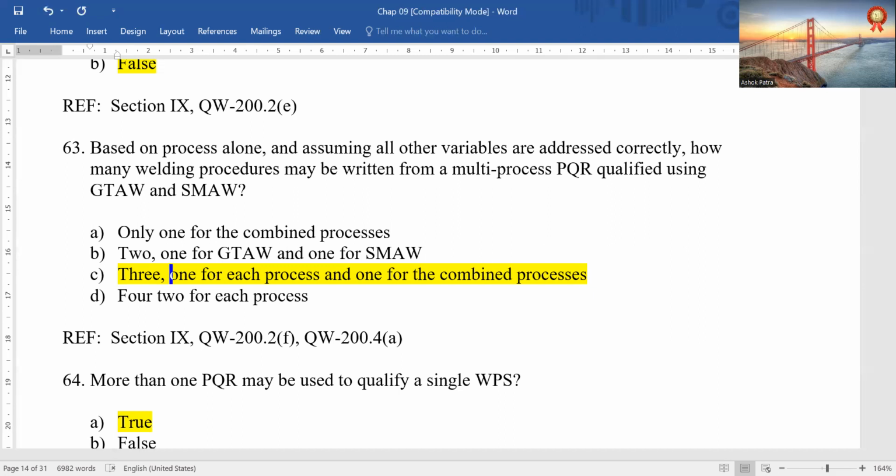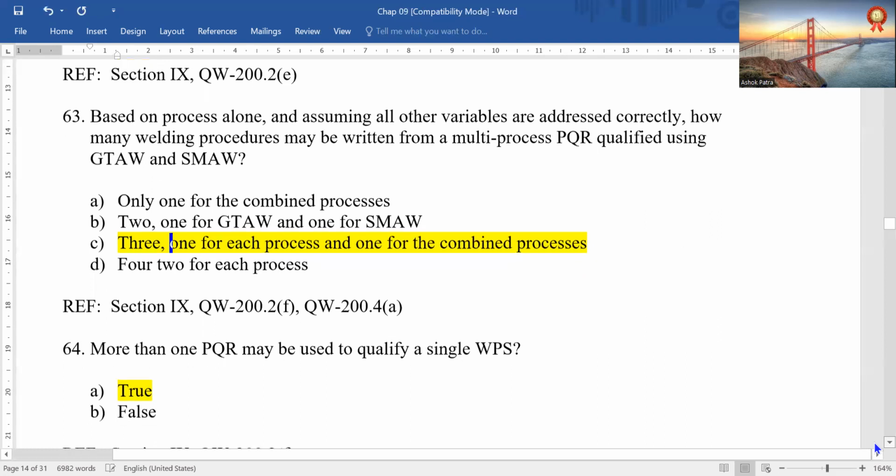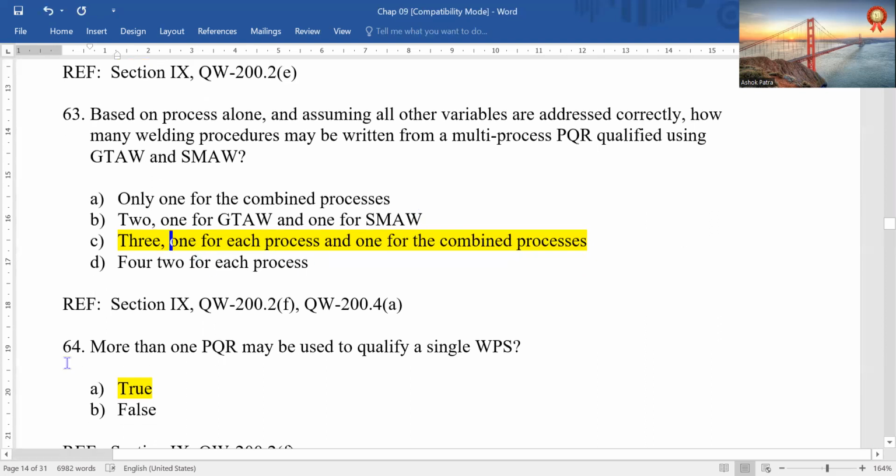You can write them, it is up to you. But that is the right process. One PQR may be used to qualify a single WPS. True.